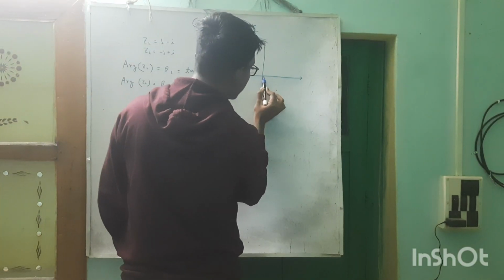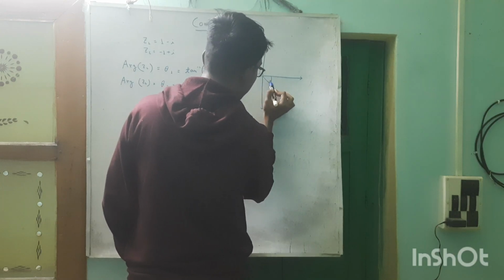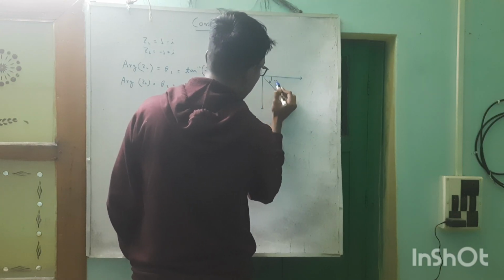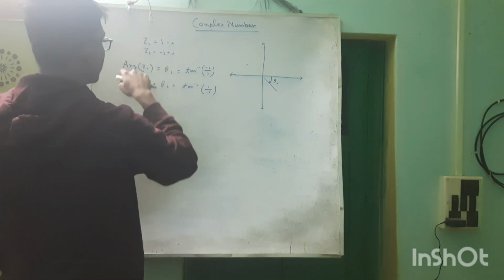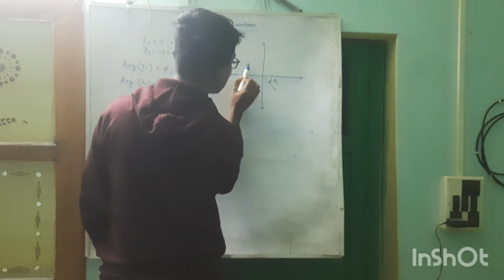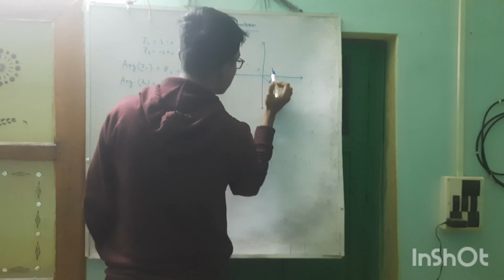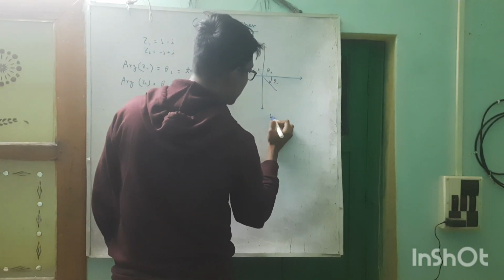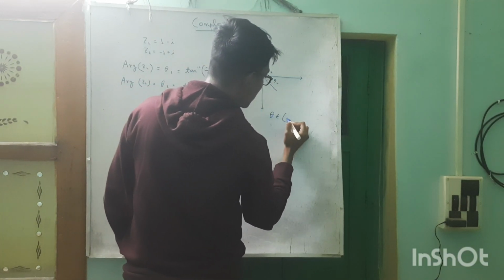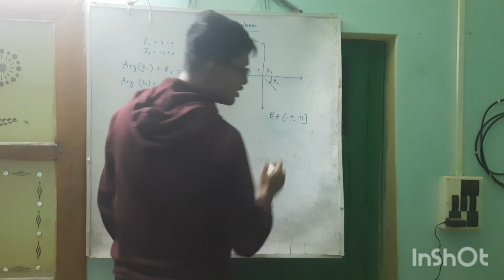Argument of z1 is minus 45 degrees, that is theta 1, and the argument of z2 is that angle, theta 2, because we take theta belongs to minus pi to pi, right?